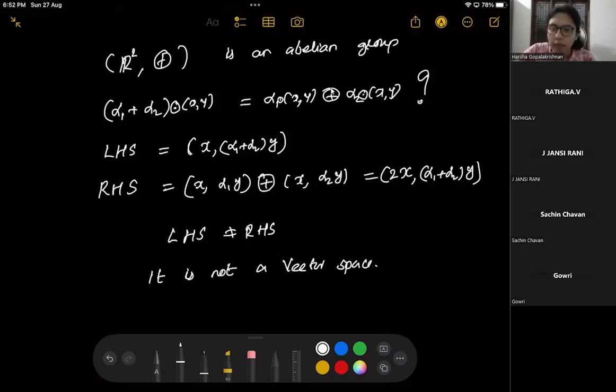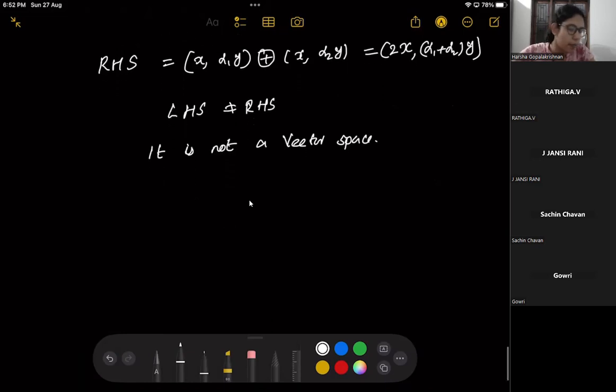There can be other conditions also which are not satisfied, so you can go through all the conditions and check which are satisfied. Here only one condition is violated, so we can say this is not a vector space. Shall we move to the next problem if you don't have any doubt?